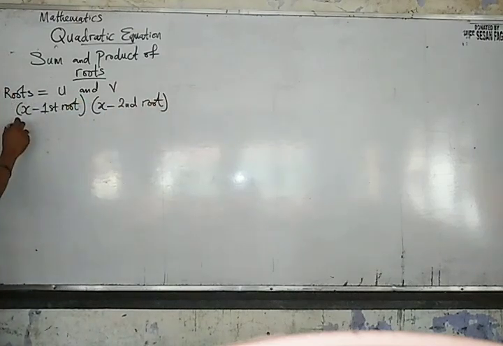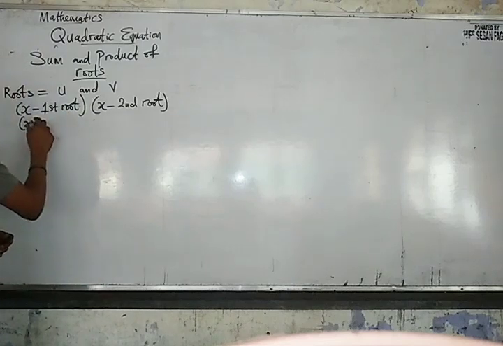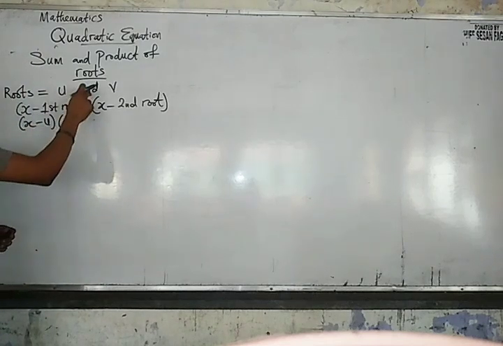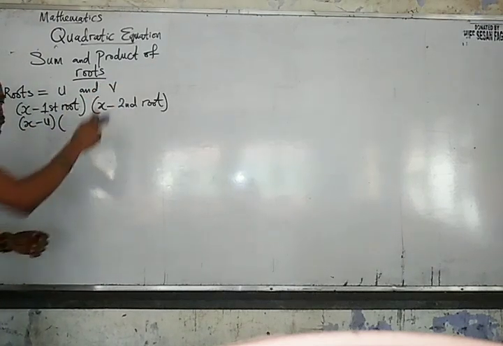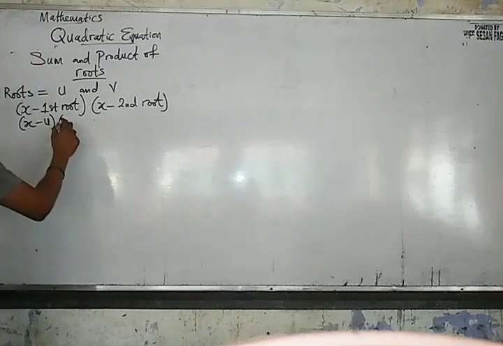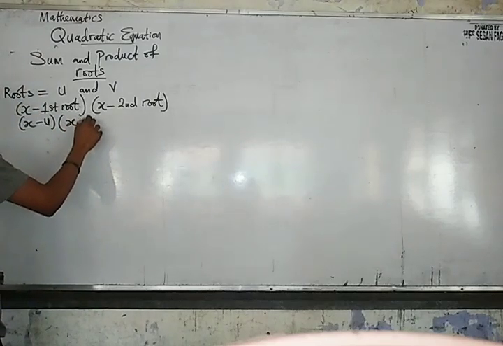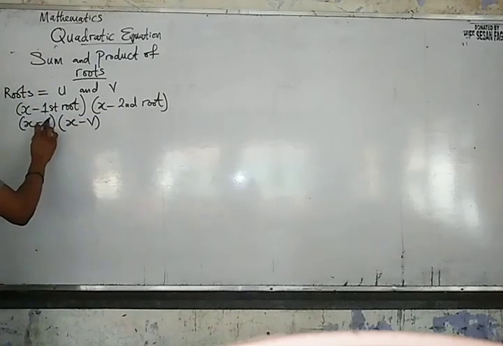So that means x minus the first root, which is u, then x minus the second root, which is v.